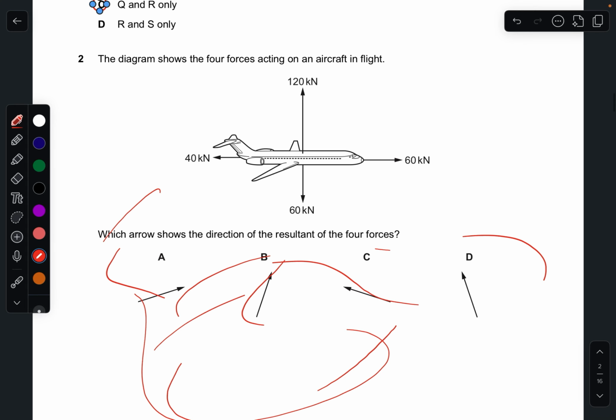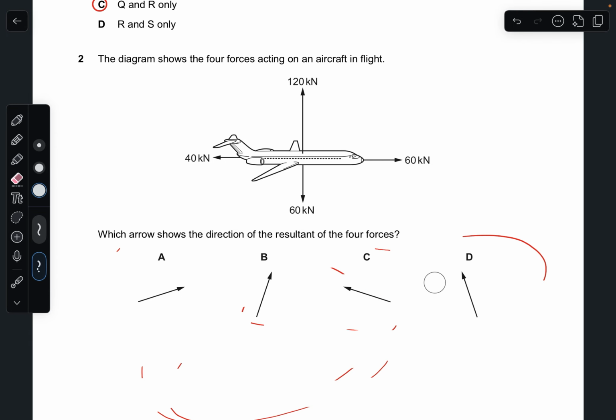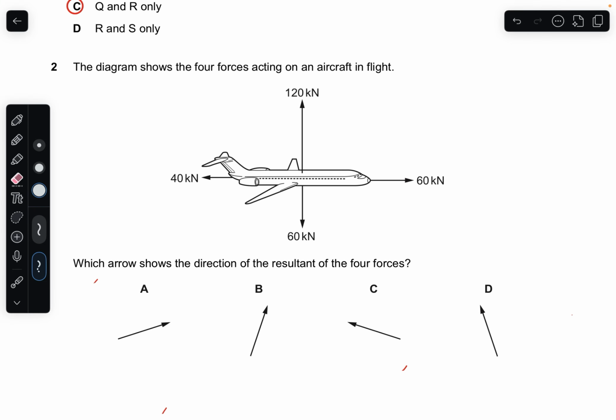acceleration. In the next question, the diagram shows four forces acting on an aeroplane. Which arrow shows the direction of the resultant of the four forces? Okay, so what we can do is resolve these two first. They are in opposite directions, so 60 minus 40 gives you 20, and 20 in the rightward direction. That will be the resultant of these two.